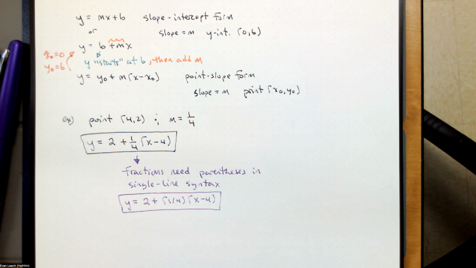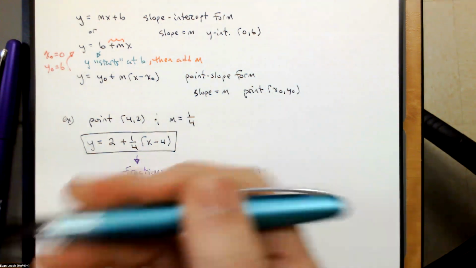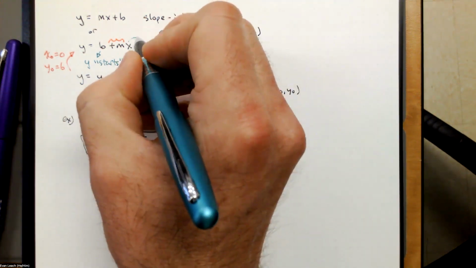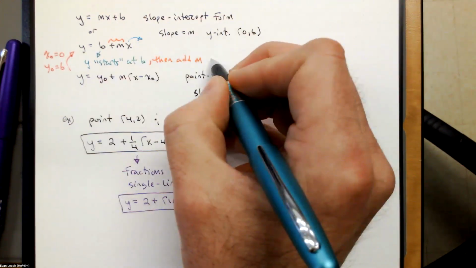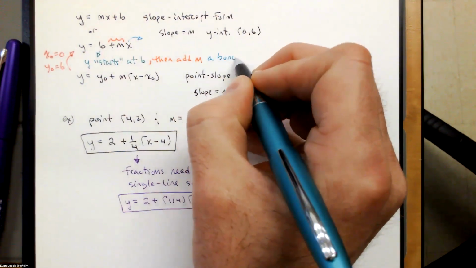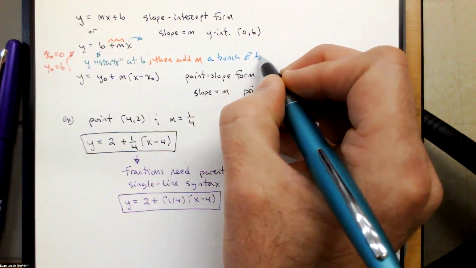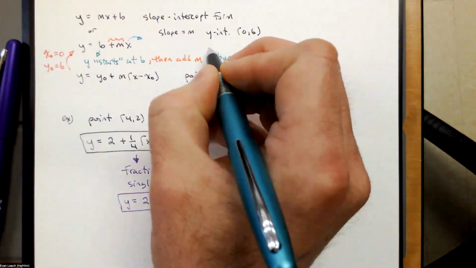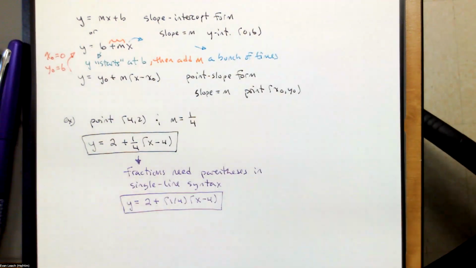And the x is standing for a bunch of times. So that's why I like writing it this way. Also, when we go to write exponential functions, the only difference is instead of saying add m, we're going to say multiply by m. But it's still going to be a bunch of times.